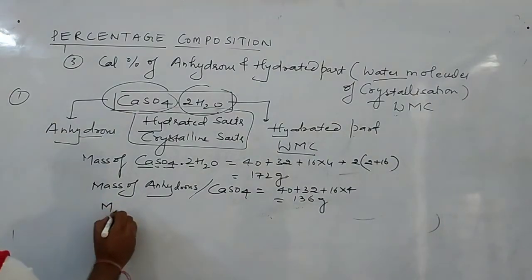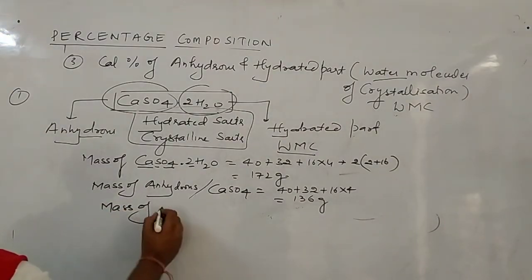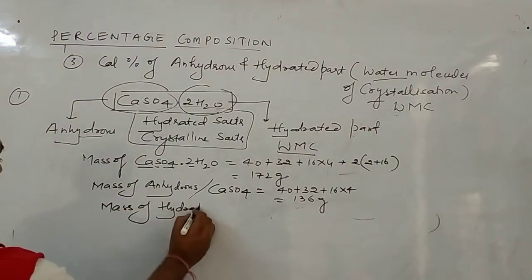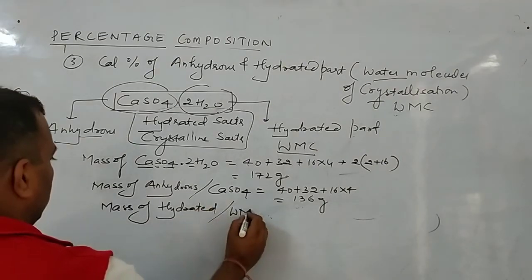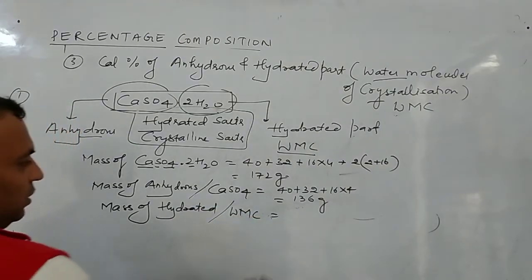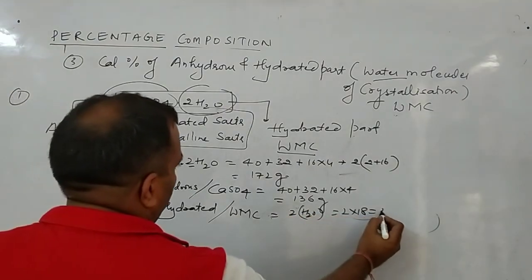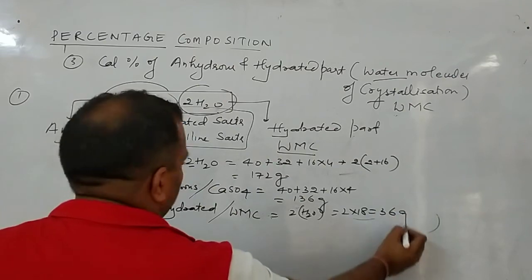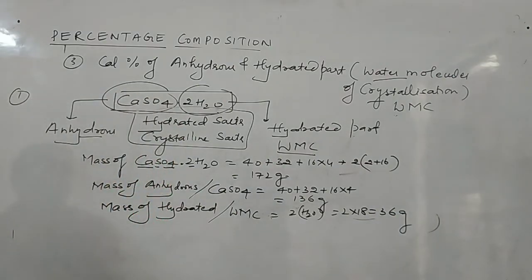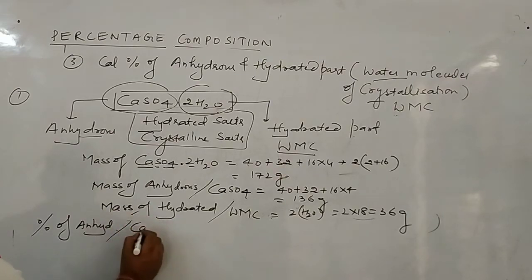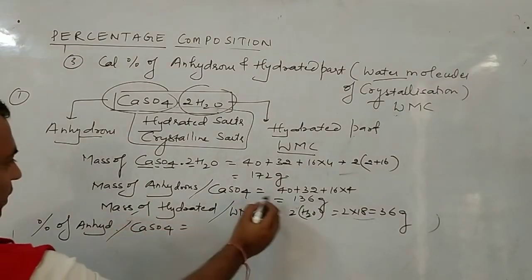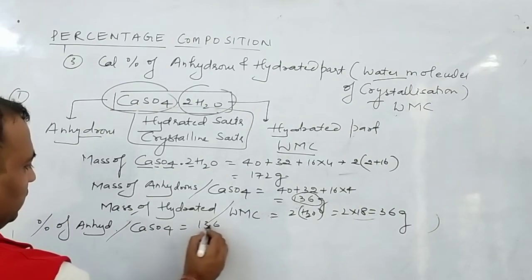Now the mass of hydrated or water molecule of crystallization, 2H2O, means 2 into 18 comes out to be 36 gram. Now we'll calculate the percentage. So percentage of anhydrous or simple CaSO4. So what is the mass of CaSO4? 136.